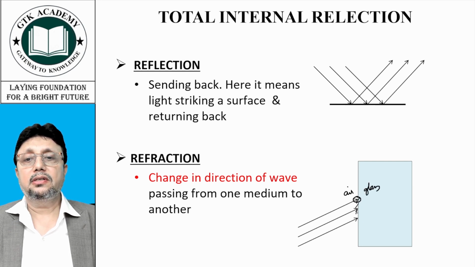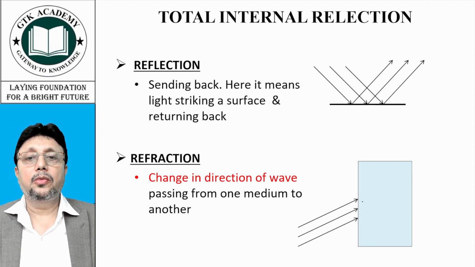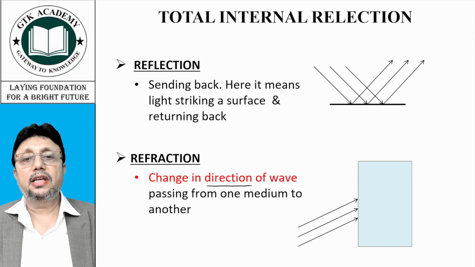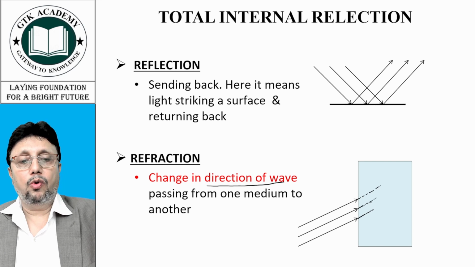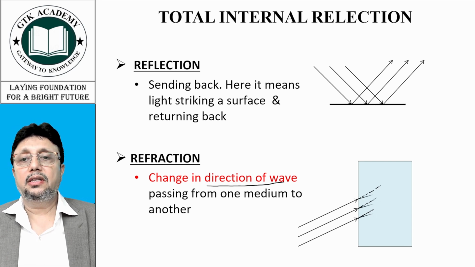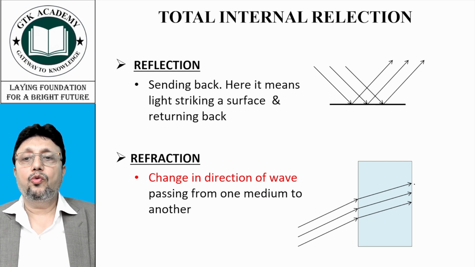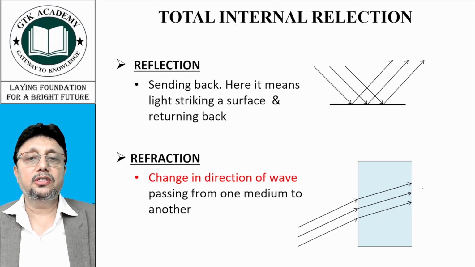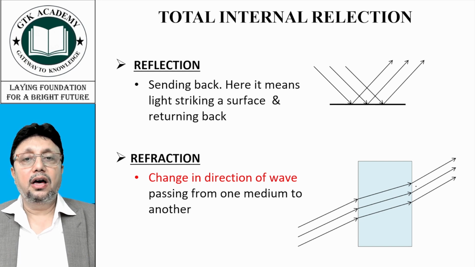So at this interface there is a change in medium. What we are saying is that, had it gone straight, these rays would have gone like that. But what the rays do is that they change their direction. You can see here. And again, when they strike at another interface, that means from glass to air, they again change the direction. This is called refraction.